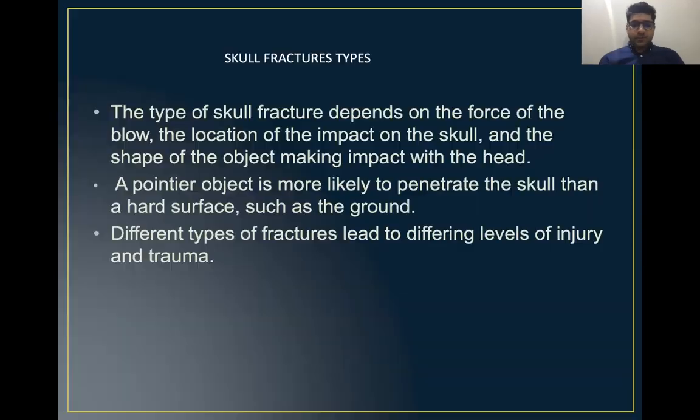So coming to the types of skull fractures. Depending on the force of the blow, the location of the blow, and the shape of the object which is making the impact with the head, there are multiple types of skull fractures. A pointier object, which is more likely to penetrate the skull, such as a sharp instrument like a knife or a bullet, can cause skull fractures, but simultaneously it can cause brain injury also.